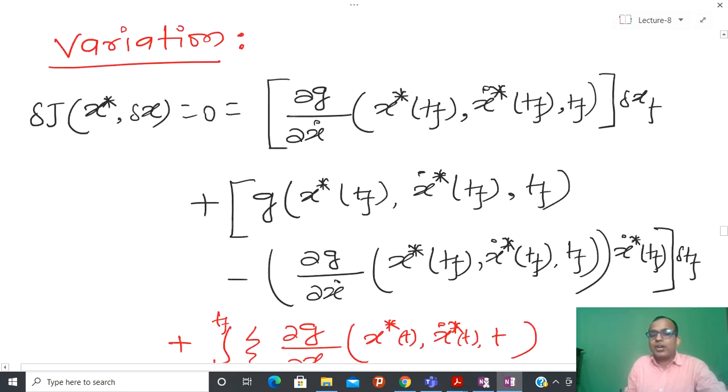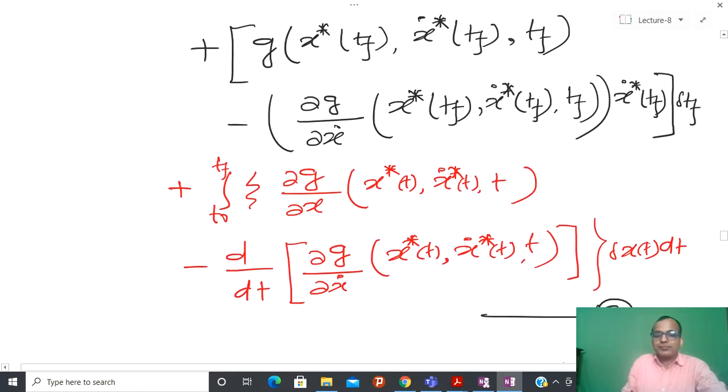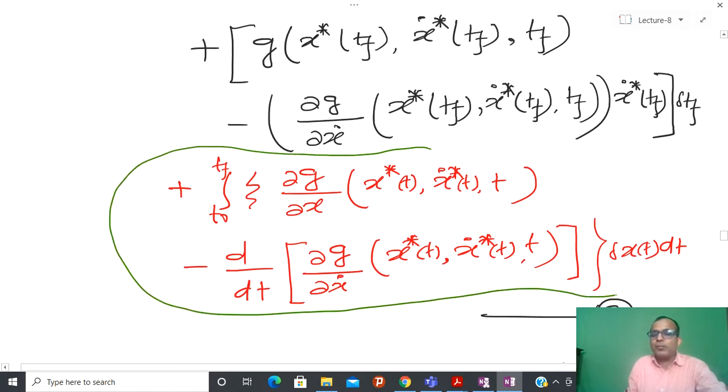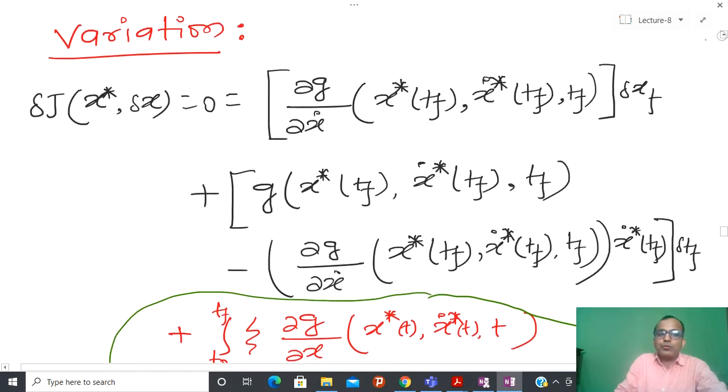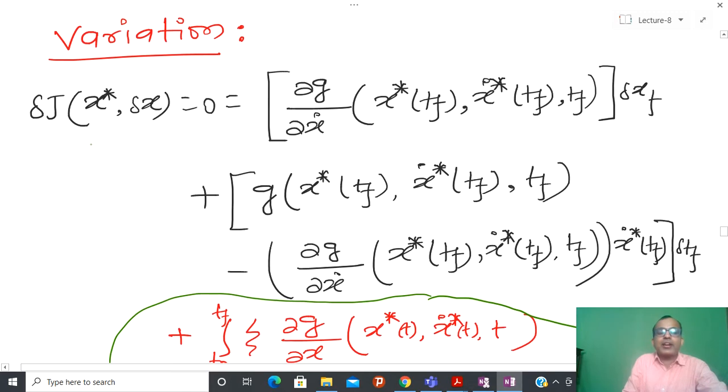After that, you can see that this part is responsible for the Euler-Lagrange equation. Since I have to force the variation, and to calculate the variation from the increment, you have to collect the first order terms and put them equal to 0.